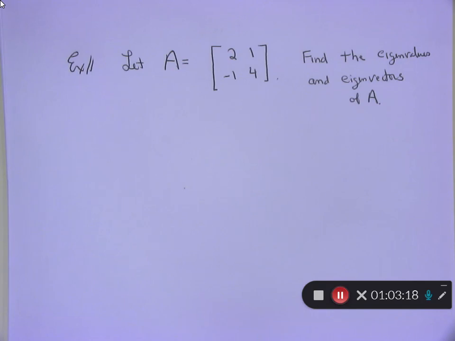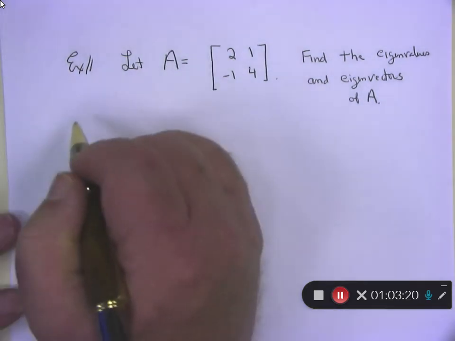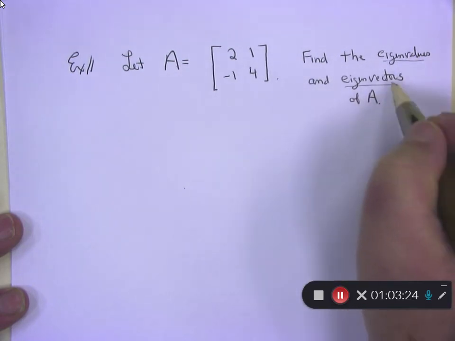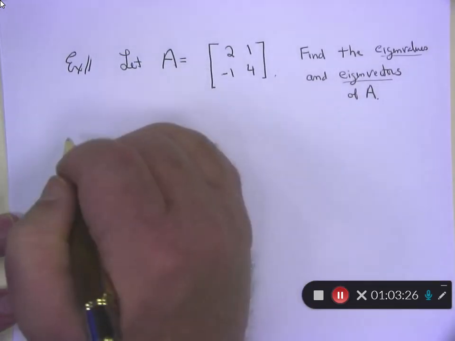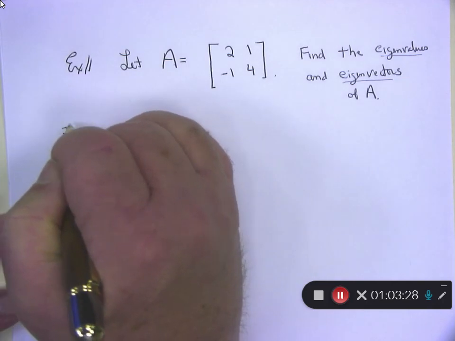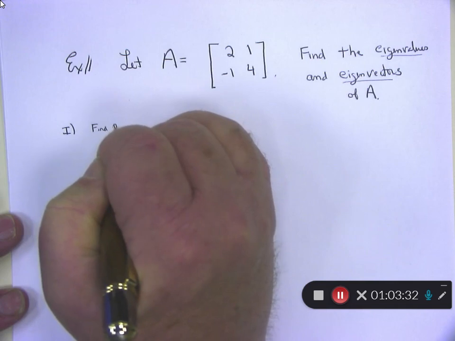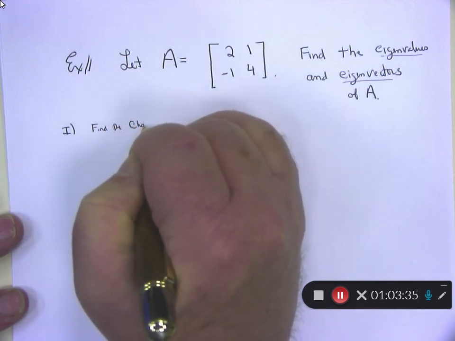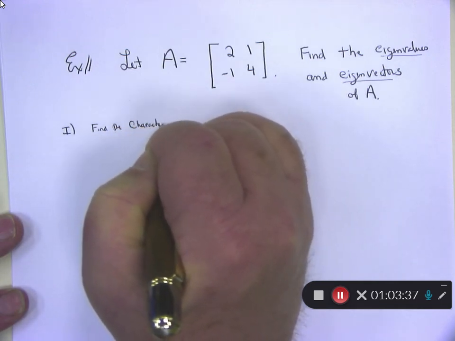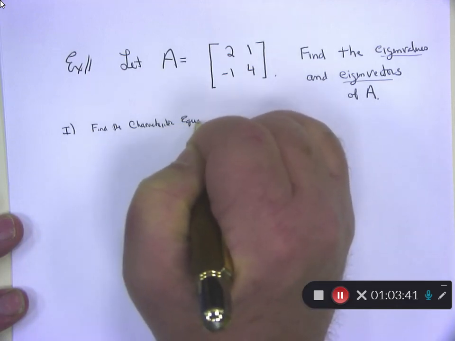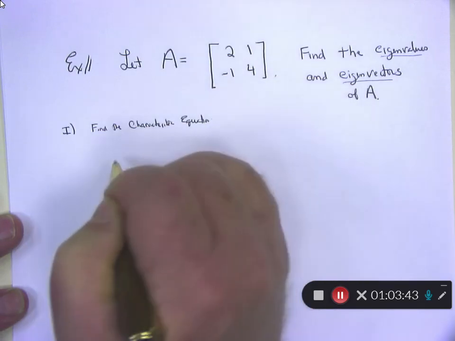The first thing you want to do is have steps. If you're trying to find the eigenvalues and eigenvectors of a matrix A, step 1 is to find the characteristic equation. What is the characteristic equation?